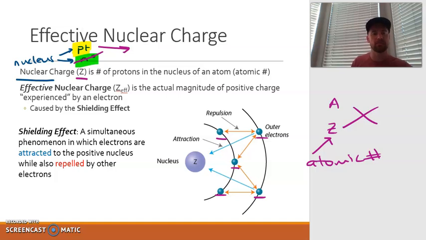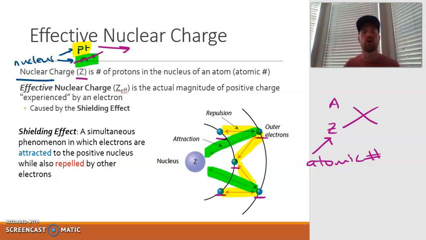Now here's the thing. These outer electrons are experiencing a double phenomenon. On the one hand, they're feeling attracted to the positive nucleus. But on the other hand, they're feeling repelled by the electrons that are inside the lower shells. So the electrons on the outside of the atom are being what we call shielded. They aren't feeling the full positive effect of the nucleus.